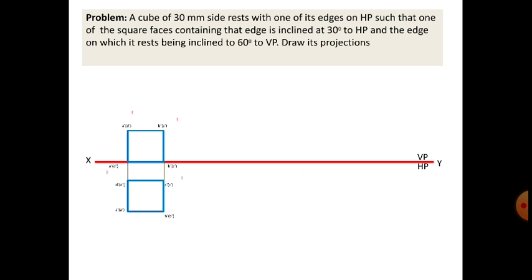The next part is one of its square faces containing the edge is inclined at 30. What it is saying is that the face containing the edge, the face which is resting on the xy line, is inclined to HP at 30 degrees. The base which is resting on the horizontal plane is inclined to HP at 30 degrees.